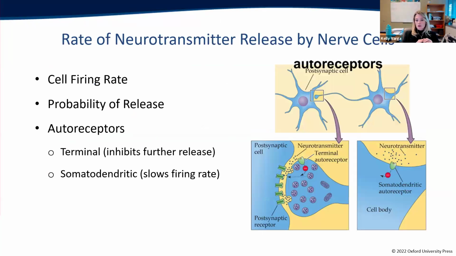But now I need to know what is going to affect how often those neurotransmitters are going to be released. Well, if we guessed how often the action potential is firing, that's absolutely one way, right? Self-firing rate. How often am I receiving that signal down the axon to the terminal to say release, release, release? There also is a concept we call the probability of release.